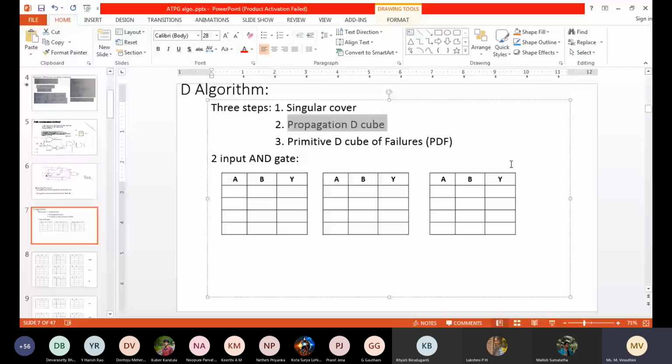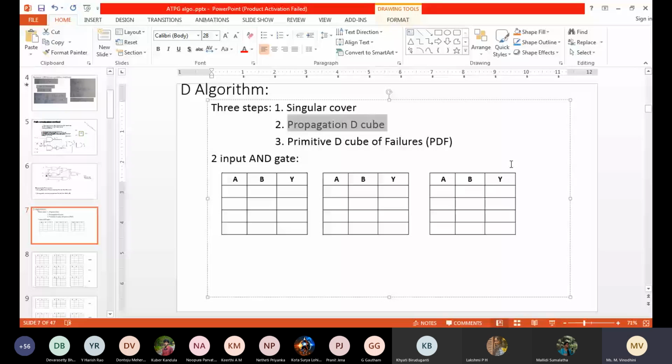I will explain how to get this for an AND gate, OR gate, NAND and NOR. Singular cover and propagation D cube I cannot get for a NOT gate. Remember students, I cannot get it for the NOT gate. I can write this only for AND, NAND, OR, NOR.